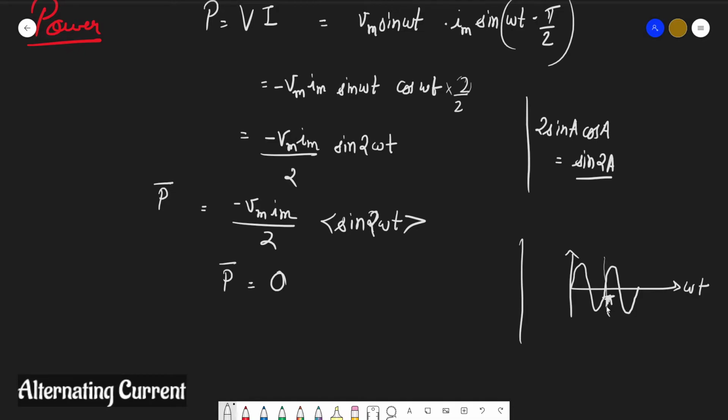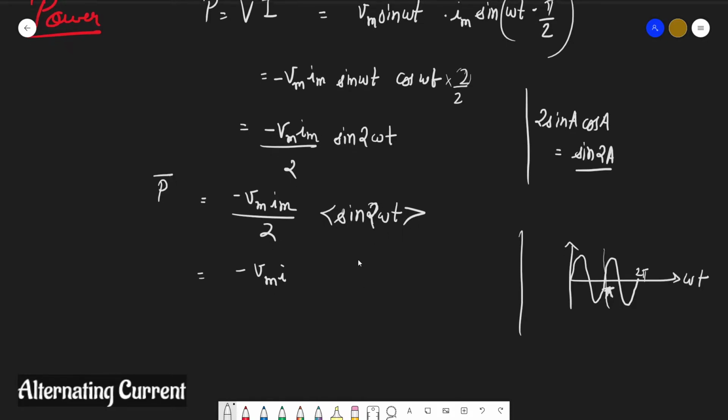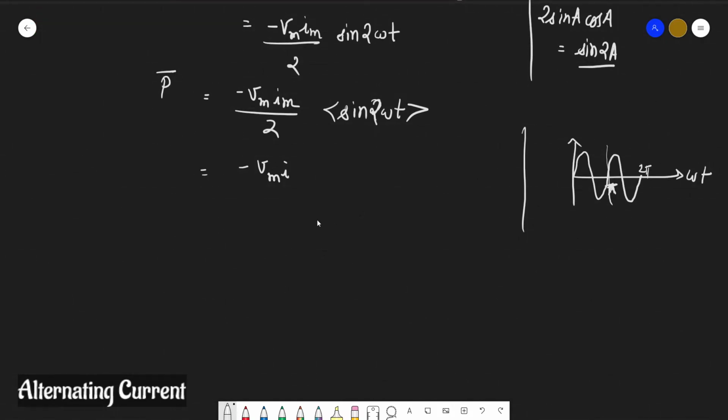So this time period now is pi. So if we want to find it, we can also find it in integration form. Generally, by writing a reason here, yes, that the average value of this sinusoidal function over a complete cycle is 0. So the average power calculated is 0.